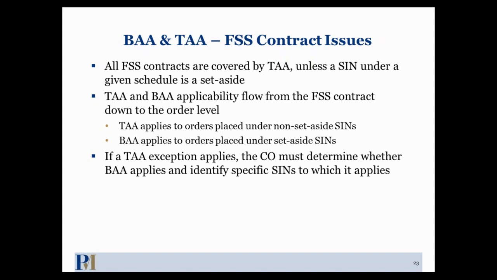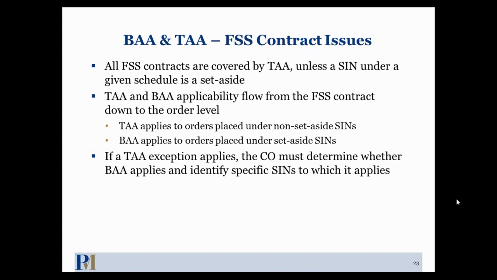But the GSA's position on this is that they look at the total value of the federal supply schedule contract, the total length of it, not just individual orders. And so they apply the TAA to the federal supply schedule contracts. The exception would be if there's a SIN under a given schedule that is set aside.